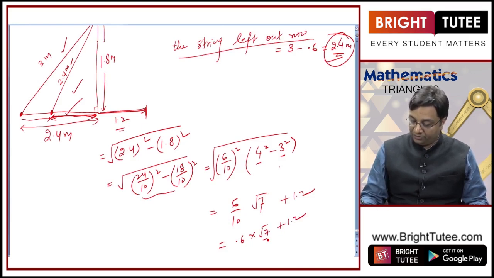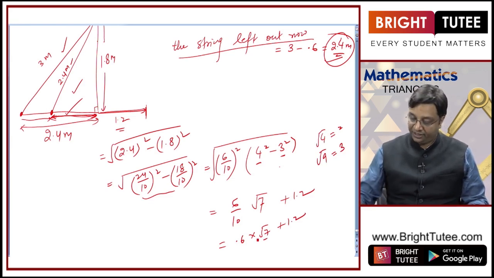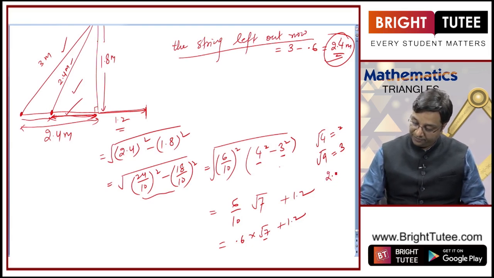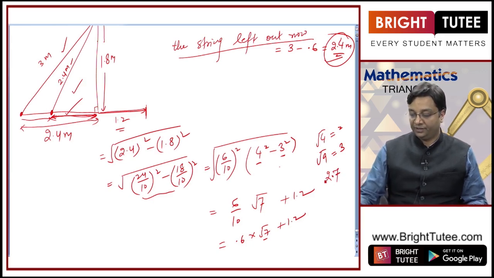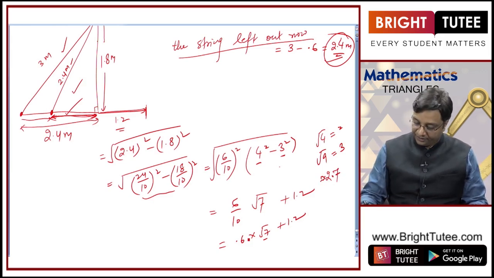Now what is root 7 approximately equal to? We know that root 4 is 2, root 9 is 3. So root 7 will be 2 point something, right? 24 square is 576, 25 square is 625, 26 square is 676. So it will be around, let us say, 2.7 approximately, right?